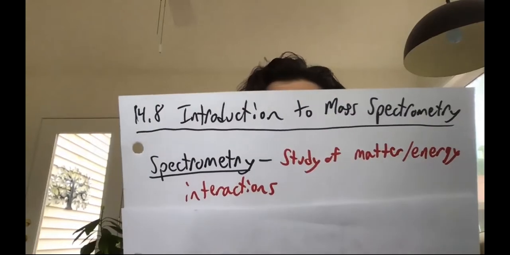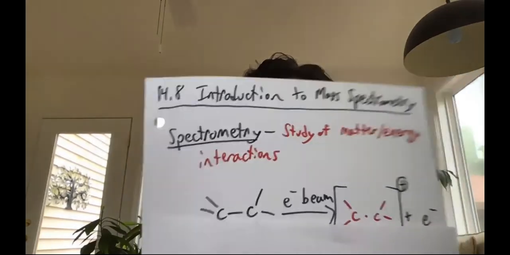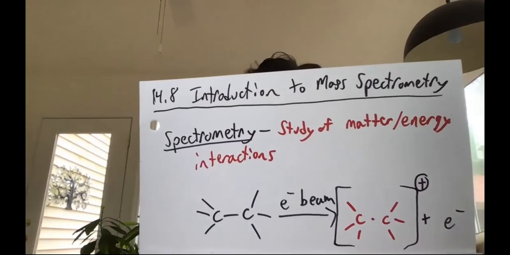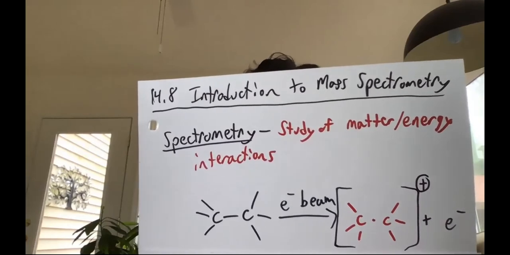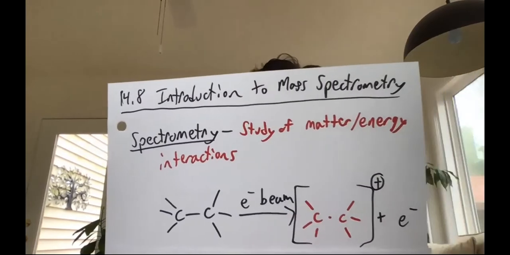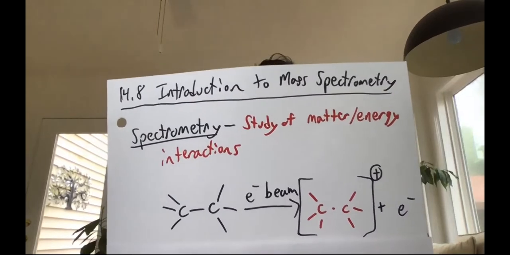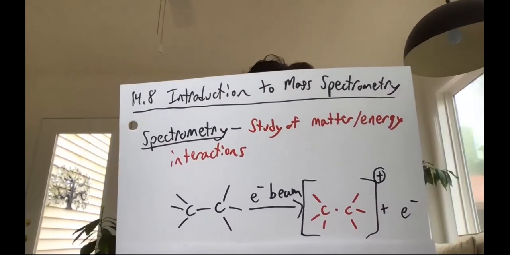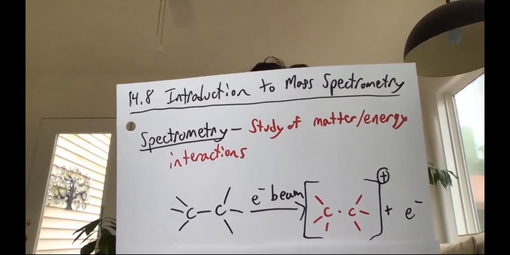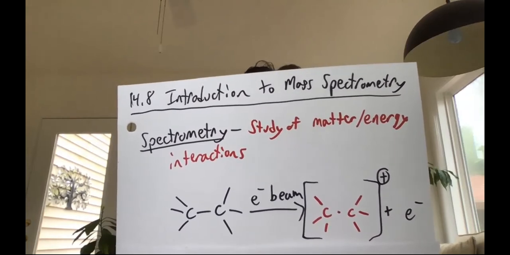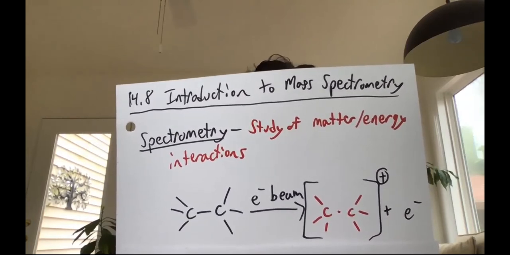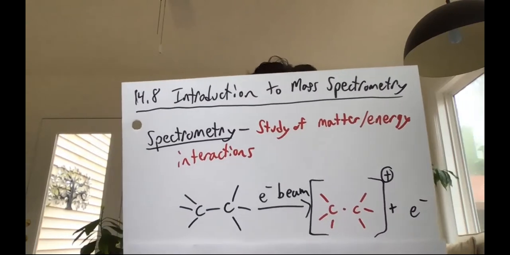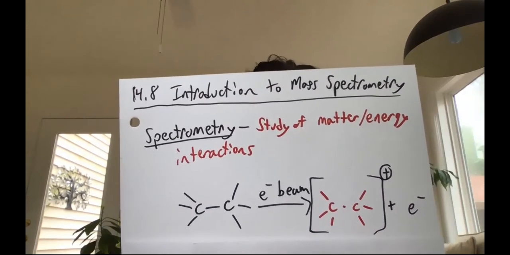Say, for instance, you have a molecule like ethane. You have two carbons bonded together in a single bond. If you attack that molecule with an electron beam, you will knock an electron out of the bond in between the two carbons to leave you with a formally positive molecule and the electron.